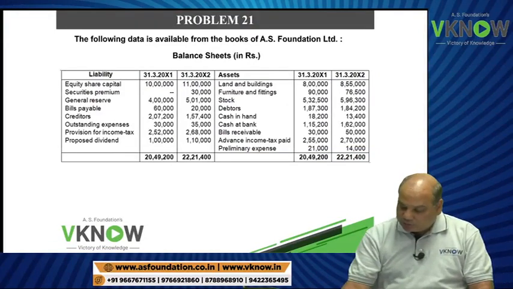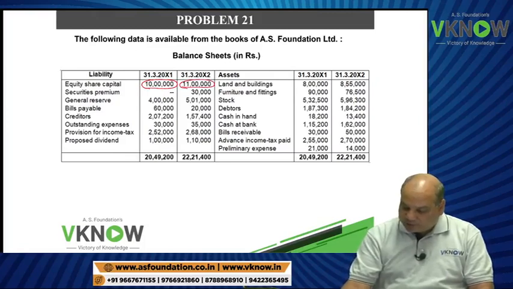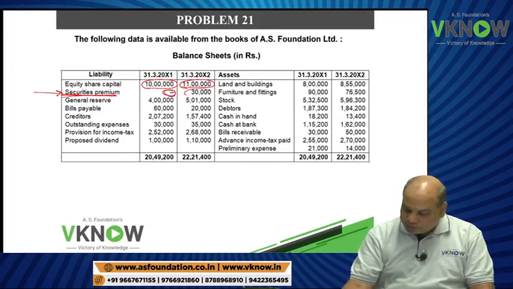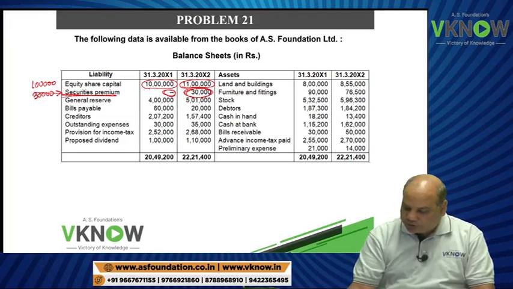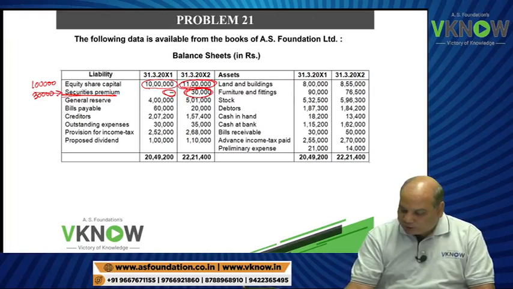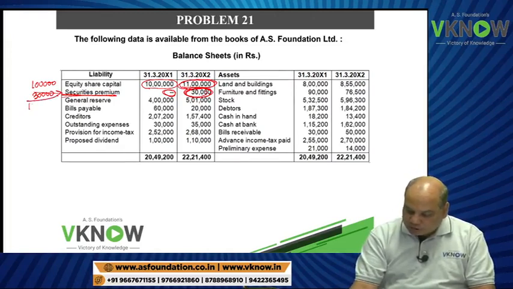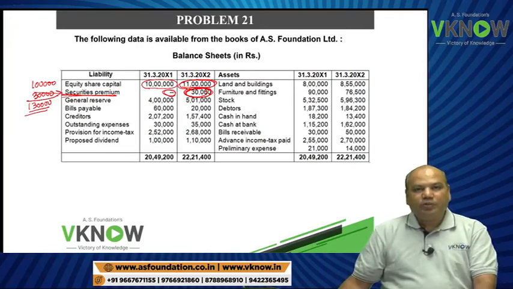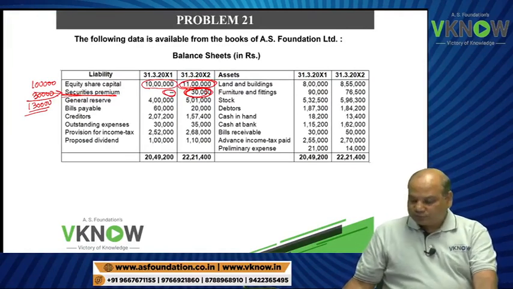Share capital, 10 lakh is here, 11 lakh is here. And look at the securities premium. From 0, it has become 30,000. So the total amount raised by issue of equity share will be 1 lakh 30,000.